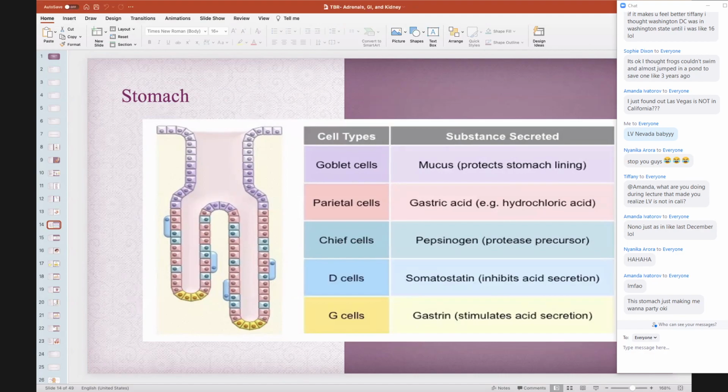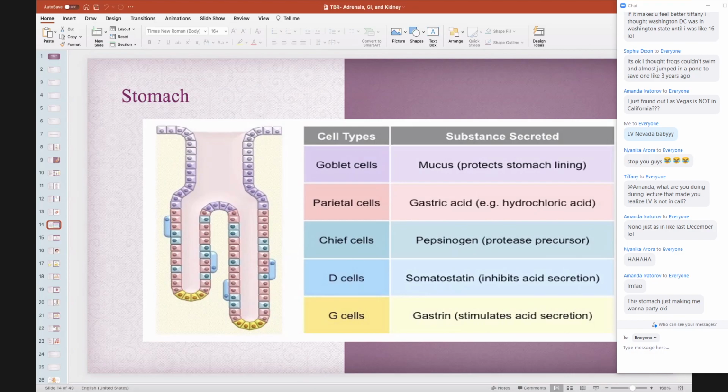Cool. And then we have D and G cells. We'll circle back around to them at the end of the GI lecture. They are cells under control of the hormone and nervous system. When we want to activate stomach acid production, the D cells will signal to produce somatostatin, which will signal to the G cells to produce gastrin.